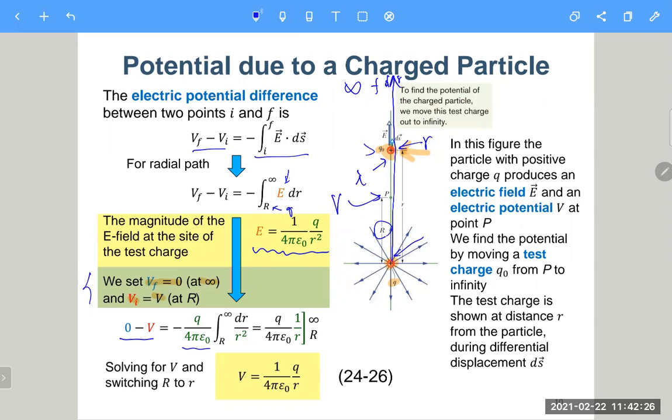Q and 4 pi epsilon naught are constants, so we bracket them out, and inside the integration we just keep 1 over R squared dr. For this integration, it is minus 1 over R. The minus 1 over R cancels this minus sign, so it becomes Q over 4 pi epsilon naught times 1 over R. Then we evaluate at infinity and capital R and subtract them.